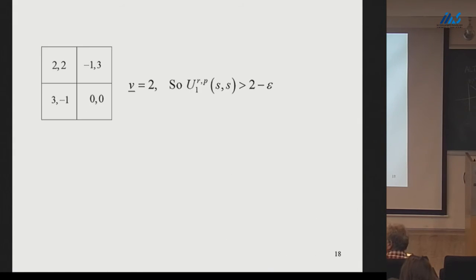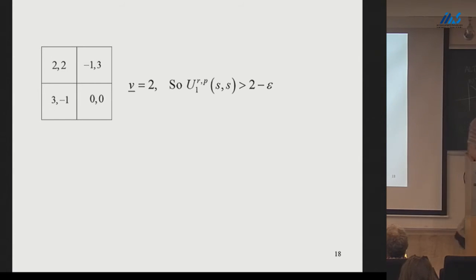Maybe it would be helpful to look at the two games that I've been talking about. In the prisoner's dilemma, there's only one strongly efficient pair of payoffs, 2-2. And so V lower bar is just 2.